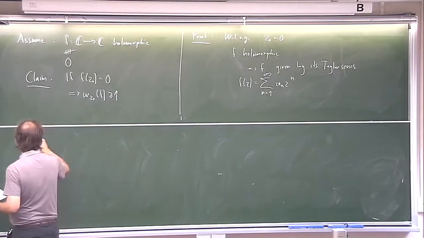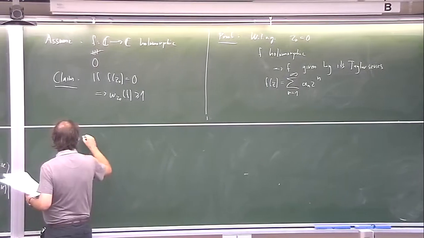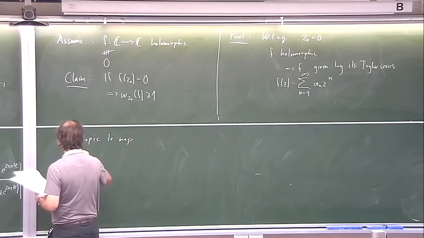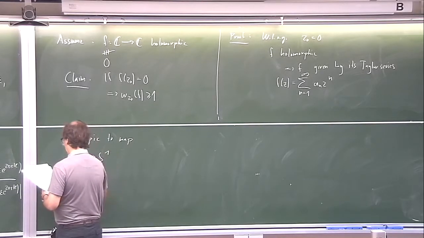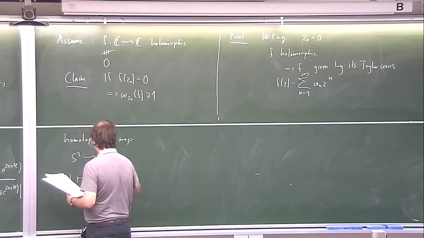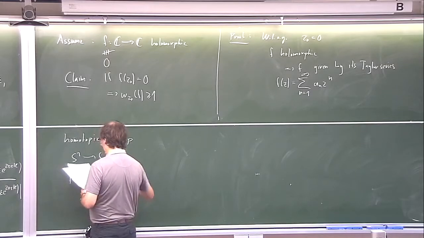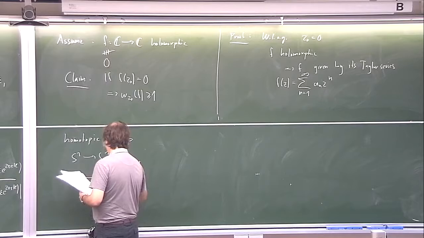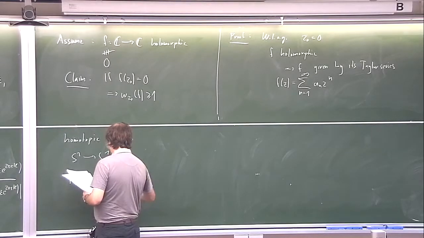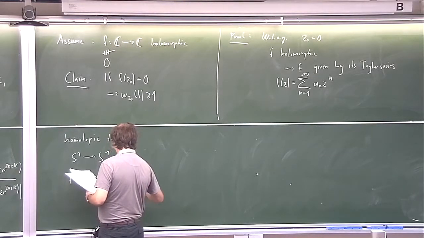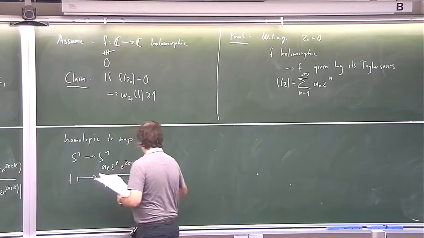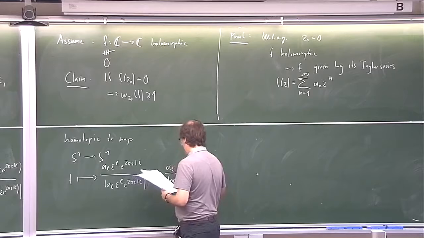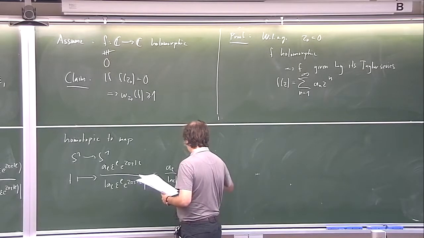This is homotopic to the map S^1 to S^1, T maps to a_l epsilon^L e^{2πiTL} over the absolute value, which is a over the absolute value of a times e^{2πiTL}.